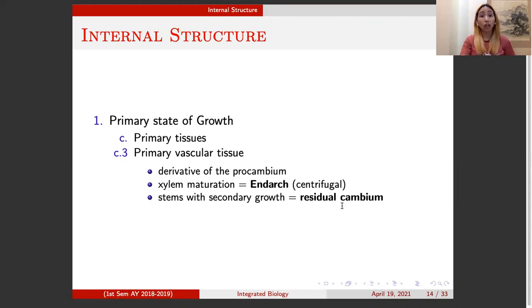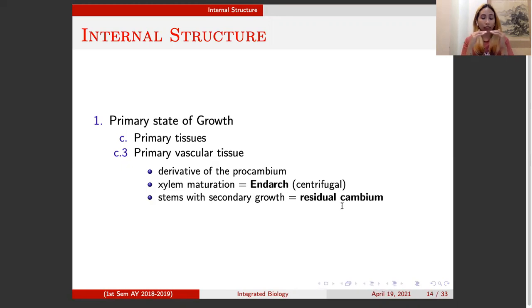Later on, there is no discrete time kung saan makikita mo si residual cambium. All we know is, if the plant is not yet undergoing secondary growth, nasa primary growth siya, the area where you can find the procambium remains the procambium.